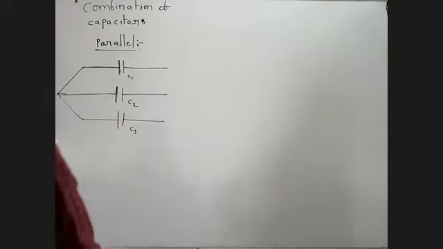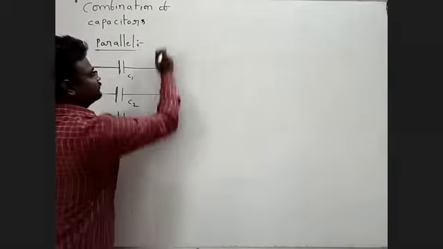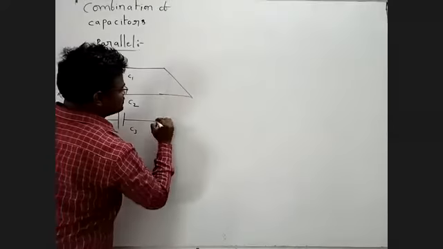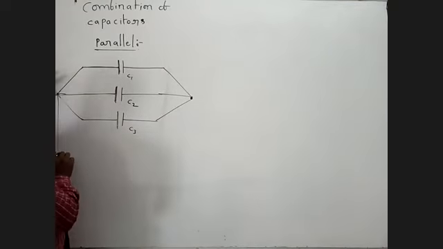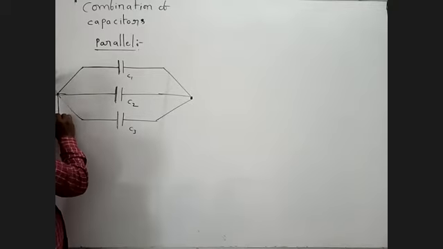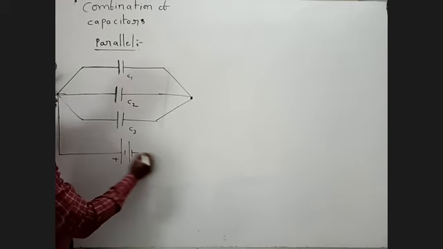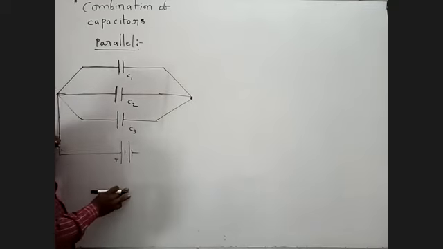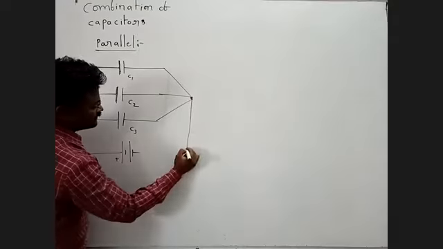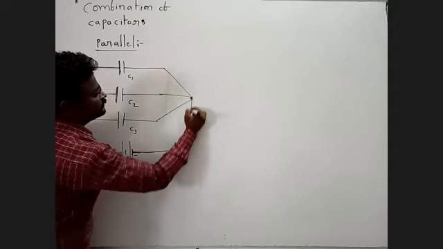Similarly, all three terminals are joined here. These three terminals of the capacitors are connected to the positive terminal of the battery. These three terminals are connected to the negative terminal of the battery.